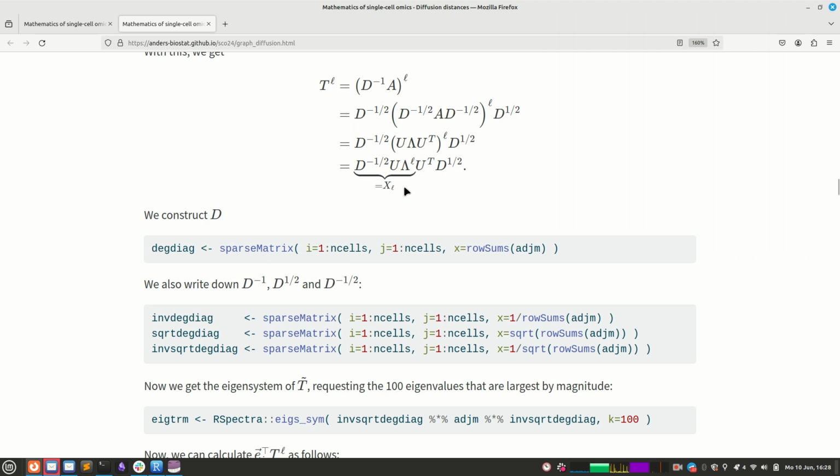And hence, I can truncate all the right-hand columns of this matrix and say I only keep the left 20 or the left 50 columns, and the remaining 900 columns I simply omit because they will have hardly any influence on my result. And once I've done that, to get my proper result, of course, I have to multiply again with this U transpose and with D to the one half to complete my formula.